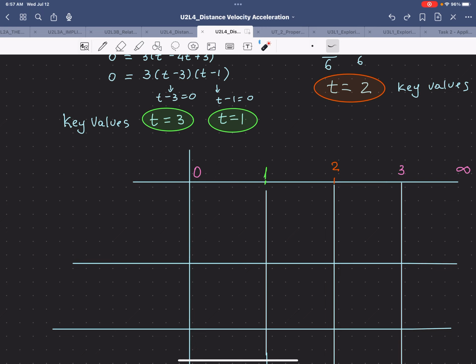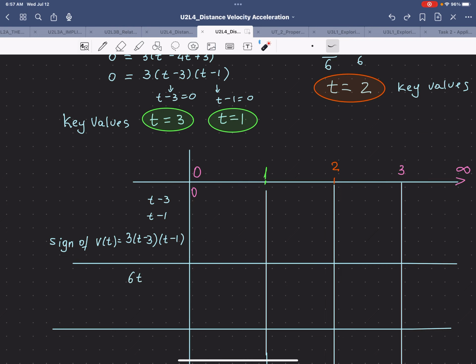Now let's start with velocity. Velocity has the factors t minus 3 and t minus 1. So the sign of velocity is dependent on the two factors, t minus 3 and t minus 1, and obviously we have the number 3. We're going to list it here as harmless, but again, watch out for cases when the leading coefficient is negative, because it can change the sign of the expression to the opposite.